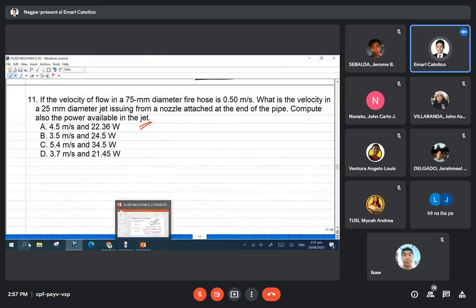Okay, number 11. If the velocity of flow in a 75 millimeter diameter fire hose is 0.5 meters per second, ano na natin yung given para mabilis.